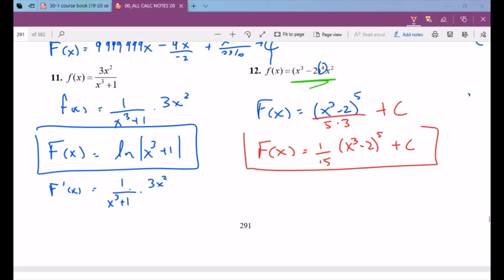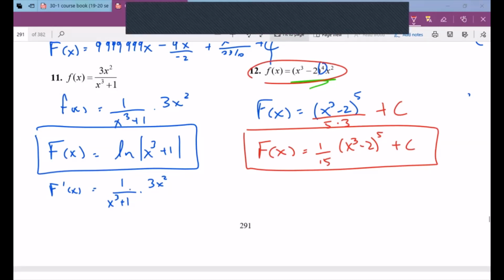That is our final answer. I would encourage you to take it a step further and differentiate that and make sure that we get back to our original question here. And that is it for 6.1. Good luck, ladies and gentlemen, and we'll see you in the next one.